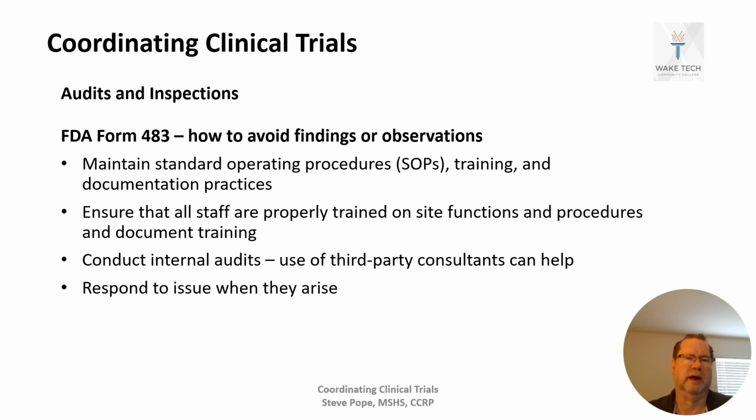You also want to conduct internal audits or use a third-party consultant. They can help. And then you want to respond to issues when they arise. If you can deal with these while the inspector is there, that can be a big help in avoiding these observations and avoiding a 43.